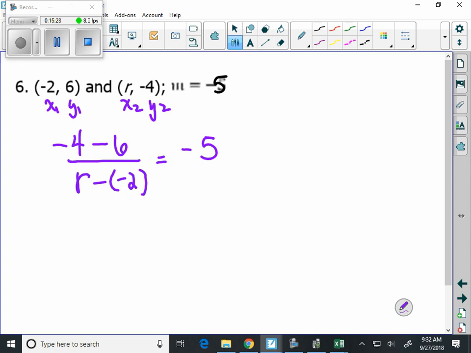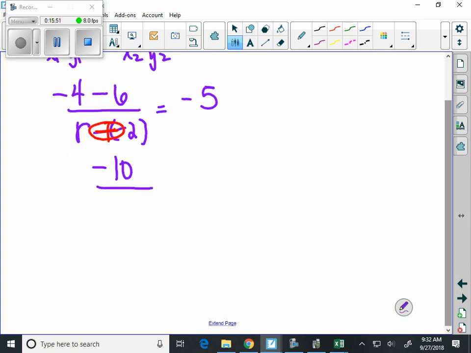And what we need to do, first of all, is we need to figure out, well, -4 minus 6 is -10. Simplify this a little bit. R minus a -2, well, a double negative is going to give us a positive, which means down here in the bottom of our fraction, we're going to get r plus 2, -5.